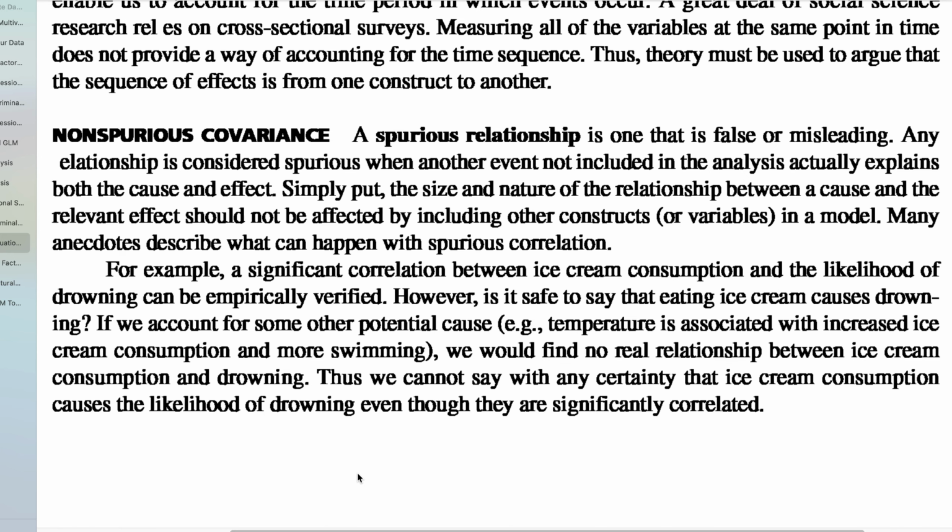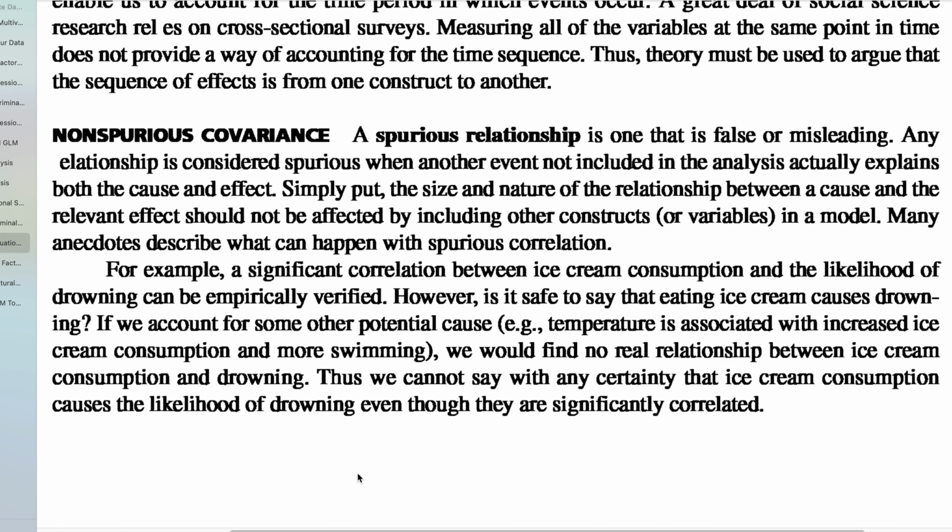Many anecdotes describe what can happen with spurious correlation. For example, a significant correlation between ice cream consumption and the likelihood of drowning can be empirically verified. However, it is safe to say that the relationship goes away if we account for some other potential cause, that is, temperature, which is associated with increased ice cream consumption and more swimming.